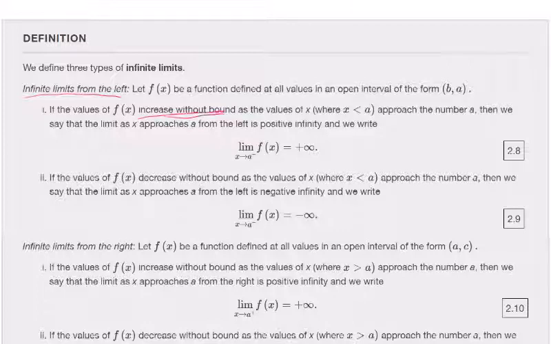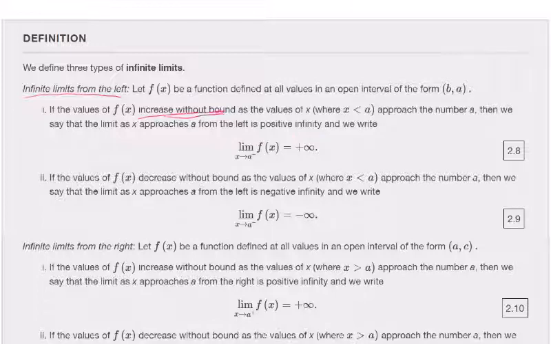It might go up rapidly, or it might go up at a small rate, but either way, if it doesn't have a boundary, then it approaches infinity. So you just put the limit from the left equals positive infinity. You don't necessarily have to put the positive; you can just put infinity, and that's fine too.